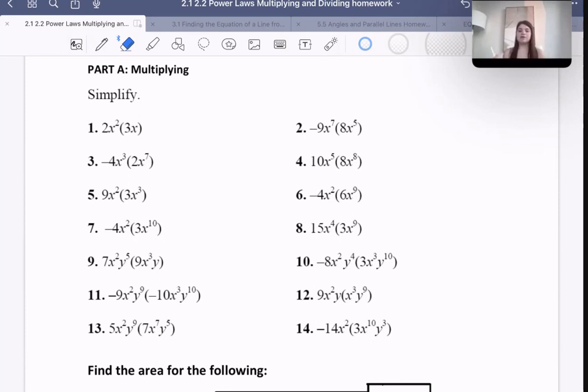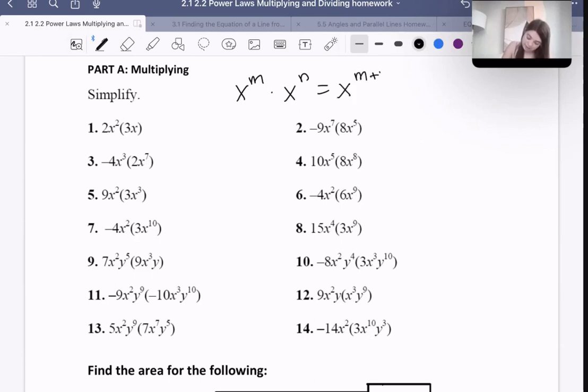Recall back from when we did our exponent laws that we said that x to the power of m times x to the power of n is equal to x to the power of m plus n, right? Remember we did that? And so given that we did that, we'll move forward and continue with that for today.